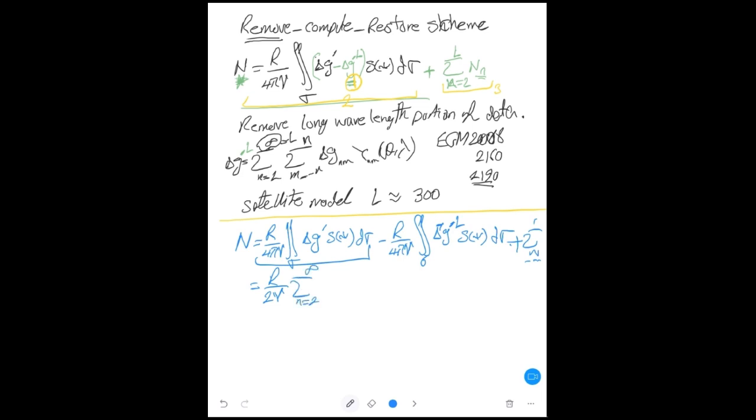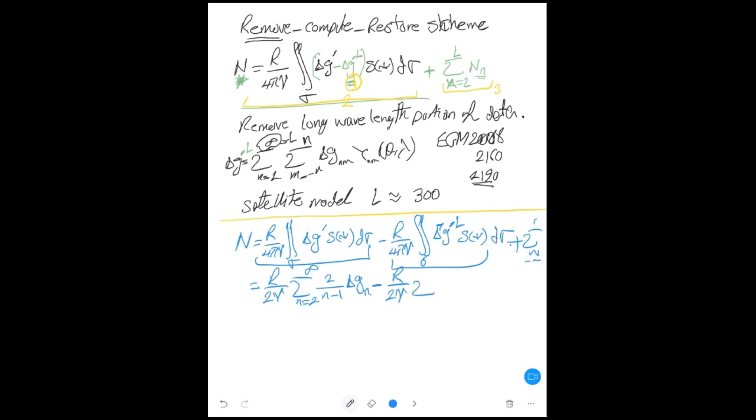I just expand the first term. If I write the spectral form for it, it is the summation from 2 to infinity of the Laplace harmonics, 2n plus 1 delta G n.